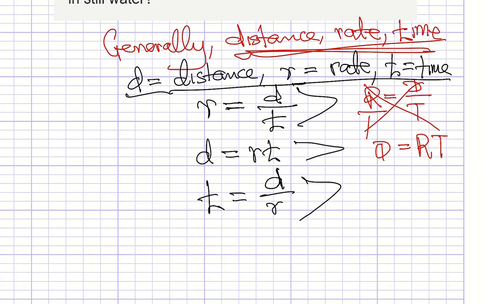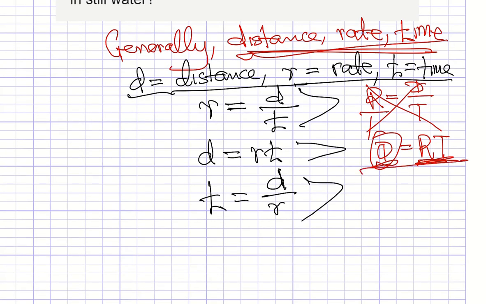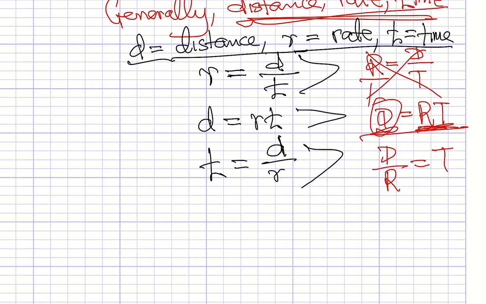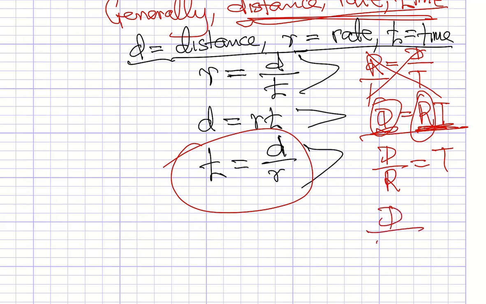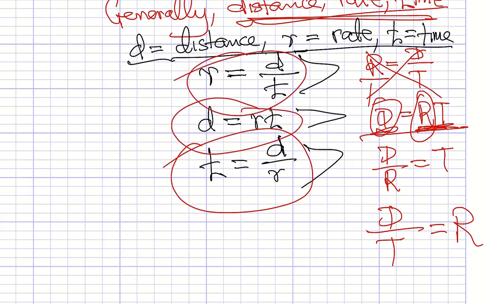In case you're looking for distance, you write it like that, then you put the constants here and solve. But let's say you're looking for time, then you say D divided by R equals time. But if you're looking for R, then you say D divided by time is equal to R. That's what we did here.